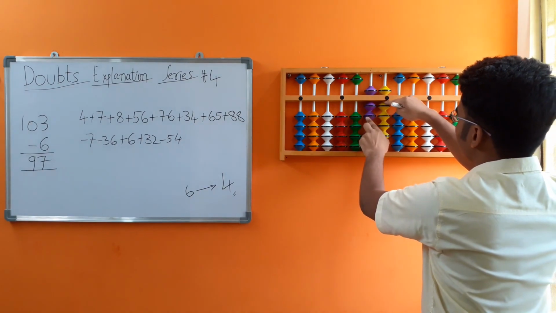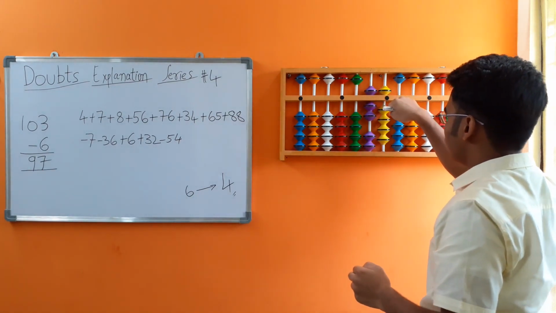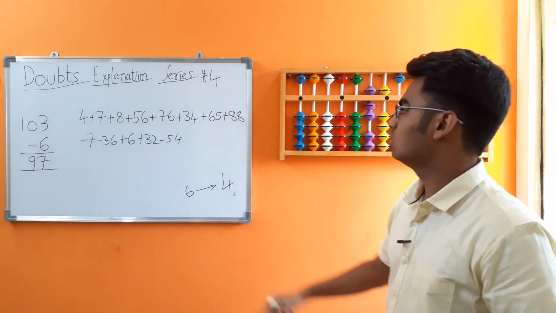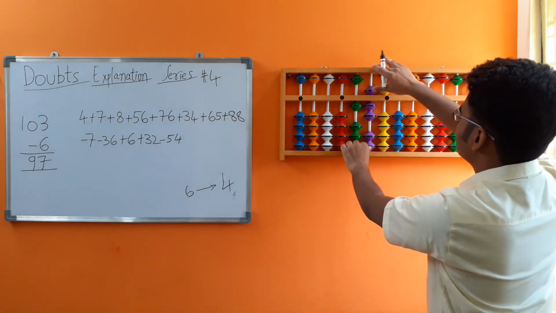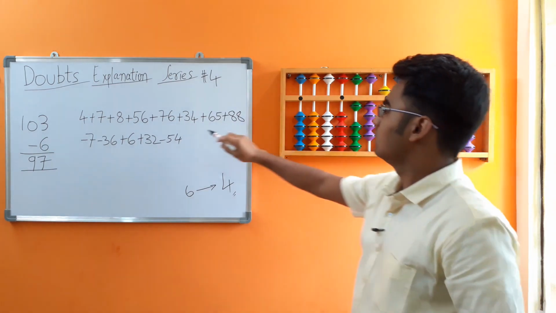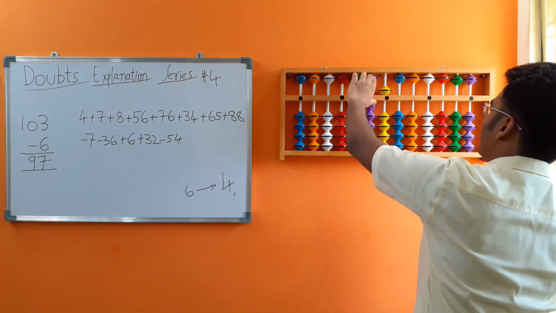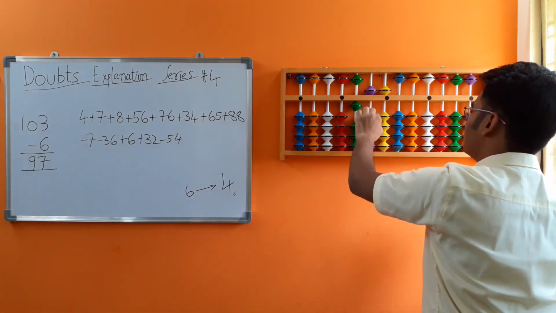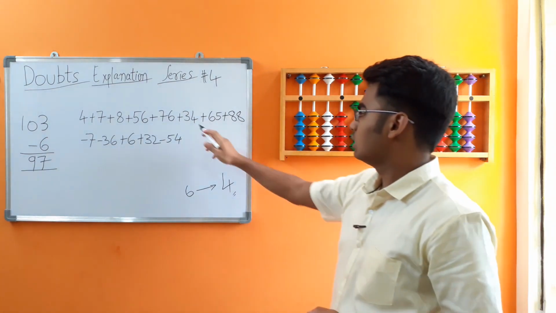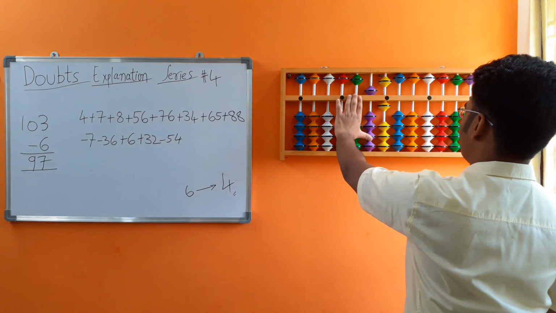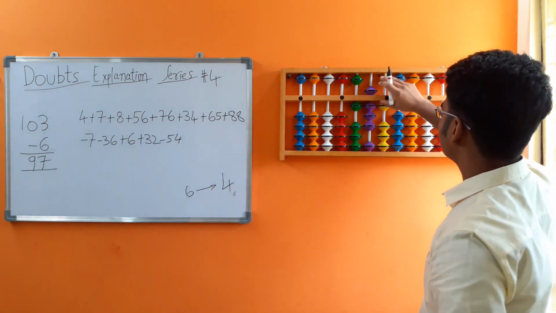Add the boss 10, less 6's friend 4. 76. Add the boss 10, less 7's friend 3. 6. Add the boss 10, less 6's friend 4. 30 can be added directly. 4 is again small friends.